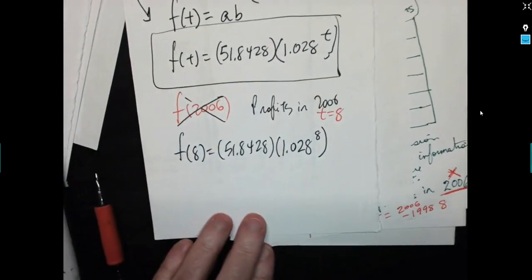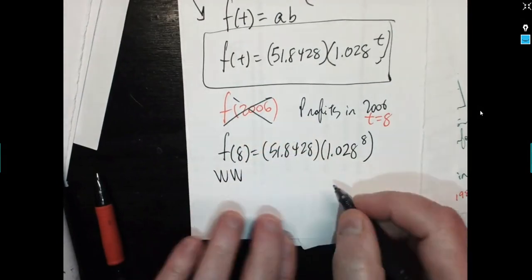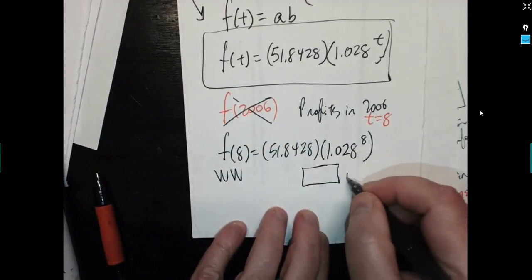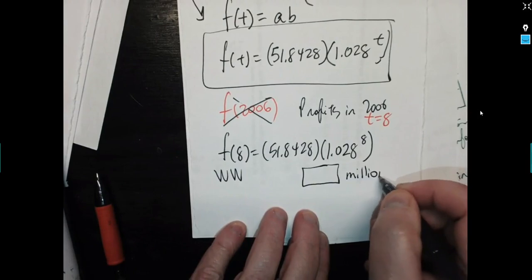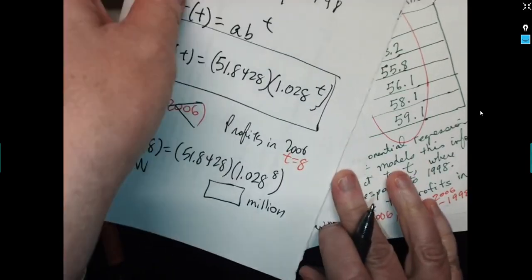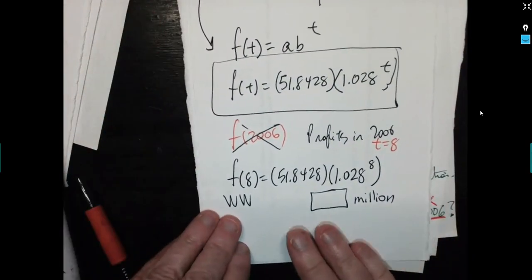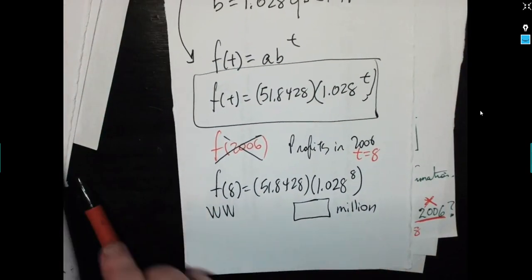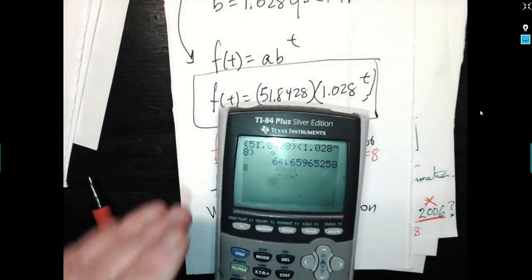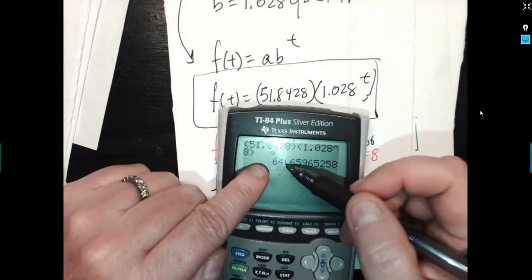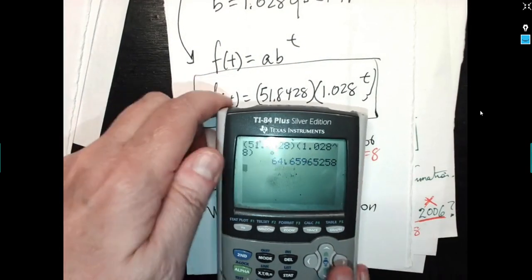Sometimes WebWorks will give you a box and then put million, okay, because we were told that these profits were in millions. So when WebWorks prompts you like that, you take it to the nearest whole number. So about 65 million.